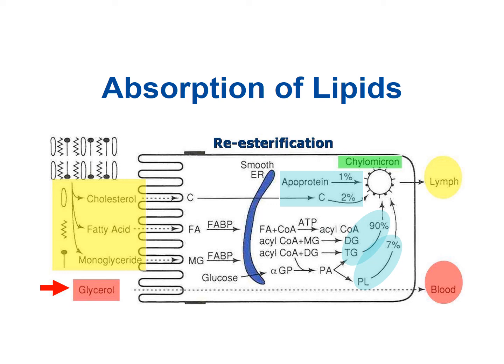So cholesterol gets into the smooth endoplasmic reticulum, fatty acids, monoglycerides, all of them with phospholipids, go into form one molecule called chylomicron.